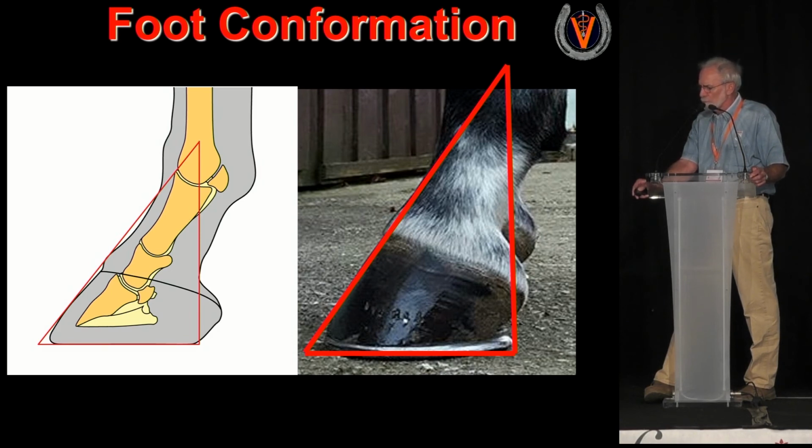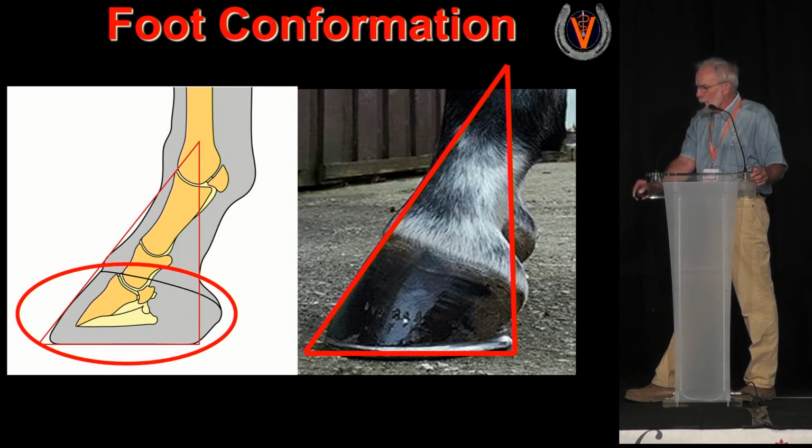And then a line from the coronary band drawn down on the front of the foot to the toe. Now, if we connect those lines, it forms a triangle.